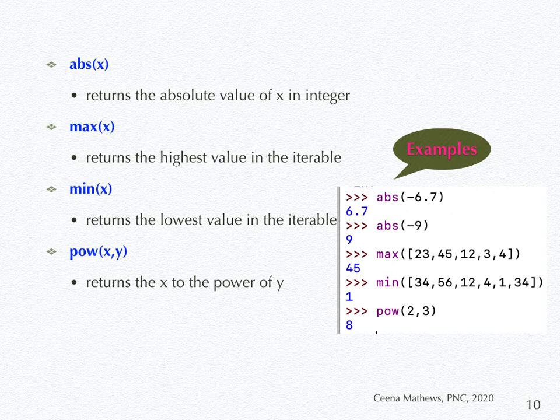And you can also use the pow function without the math module. Pow can be used either with the math module or without it. Math.pow also gives the same result. You can also use pow of 2, 3 without math, which gives the same result.